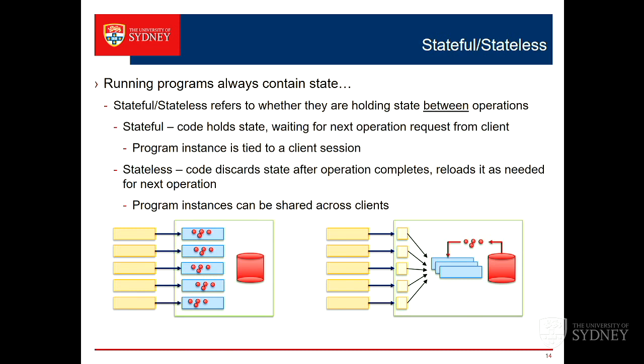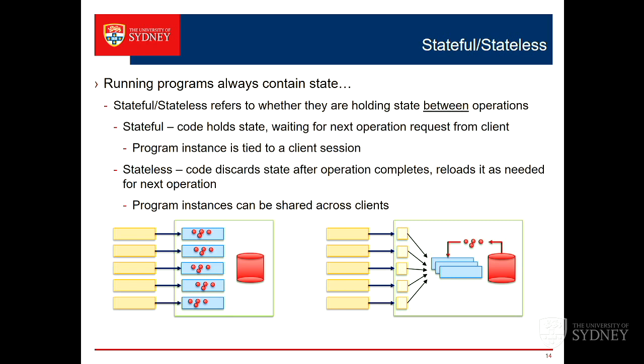That particular program instance is tied to your client because you talk backwards and forwards to each other. So that's a stateful program. That piece of code holds those state variables between requests, and there's a one-to-one association between that particular client and that particular program instance.